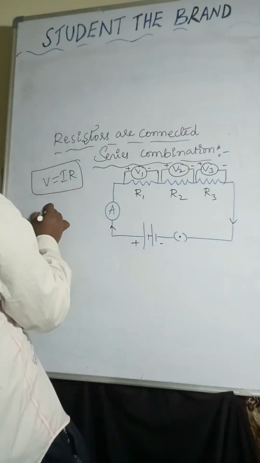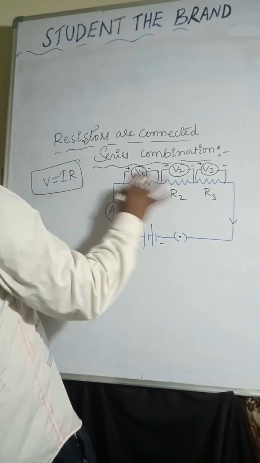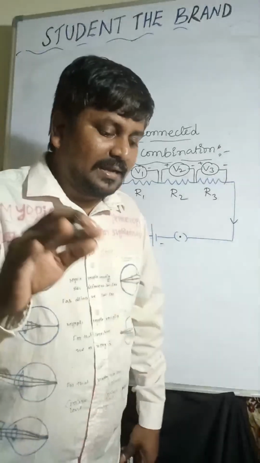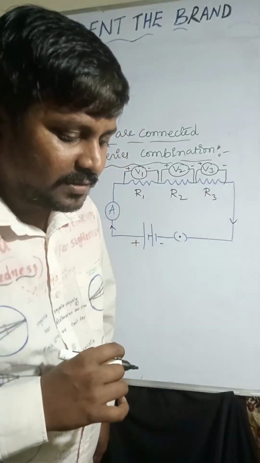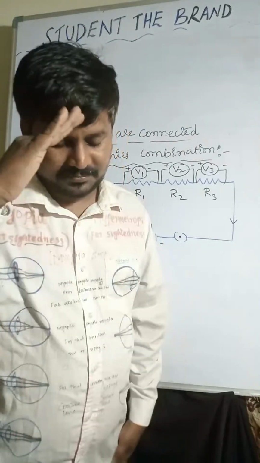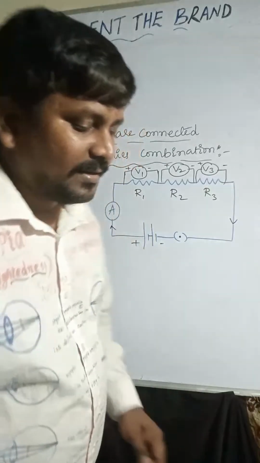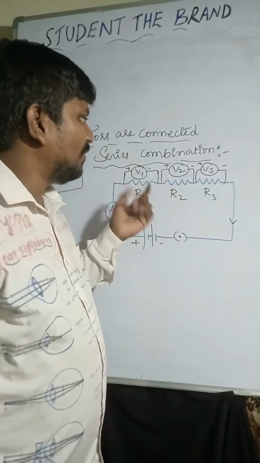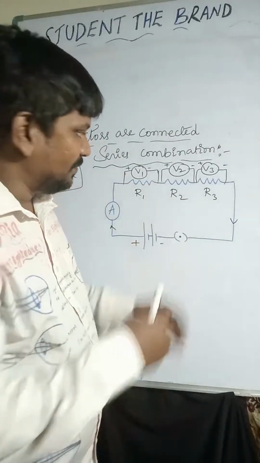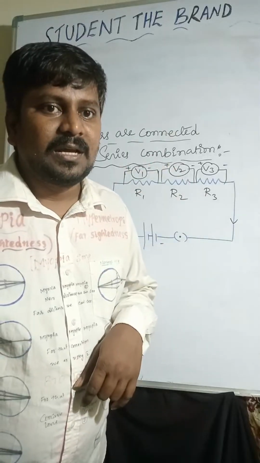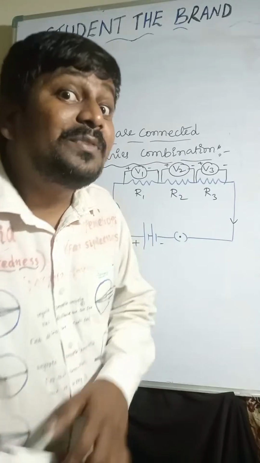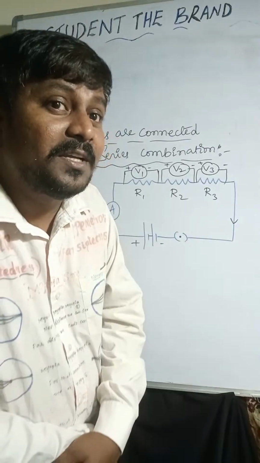Now V equal to IR. Now in this circuit, which one is constant? In the previous concept, I asked one question: which physical quantity is constant in series combination?